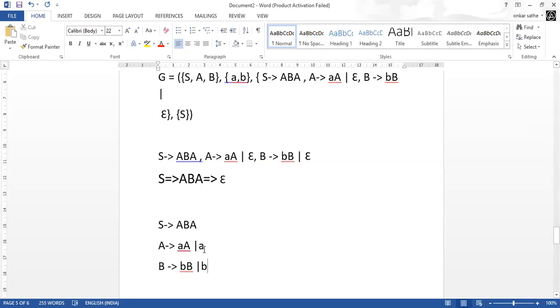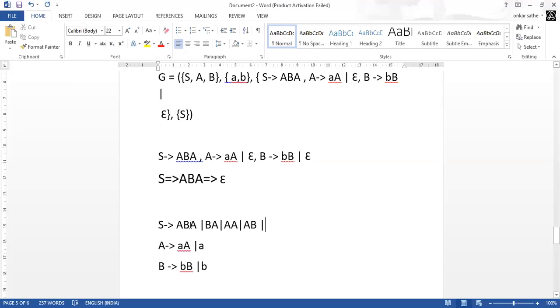So here we will add extra productions due to nullable symbols A and B. Then we will add the resultant productions for S. First we will substitute A as epsilon, so the resultant production is BA. Then we will substitute this B as epsilon and we will add the resultant production AA. Then for this A we will substitute epsilon and we will add the resultant production AB.